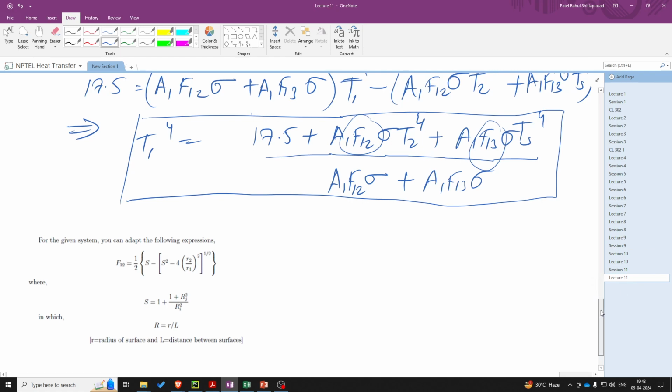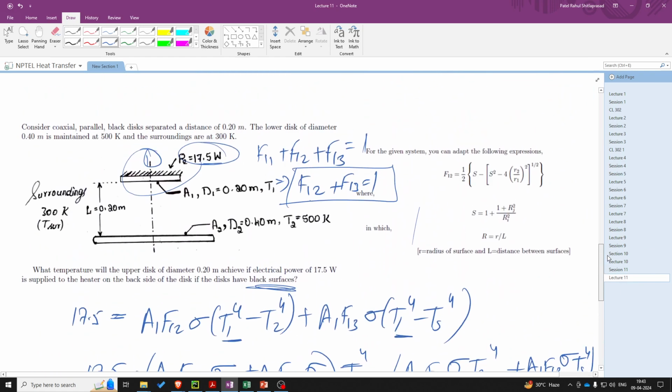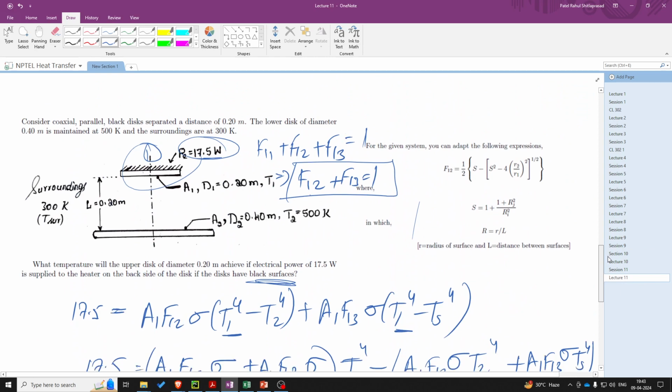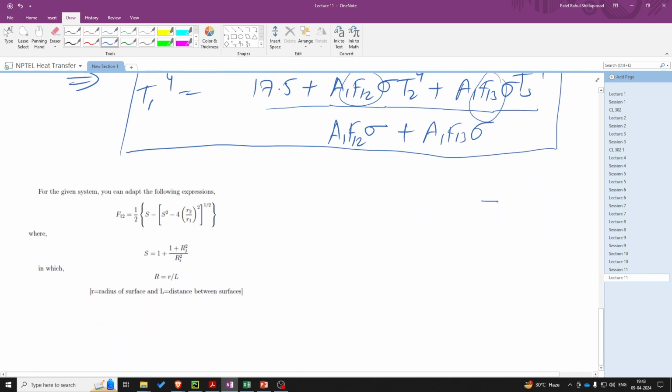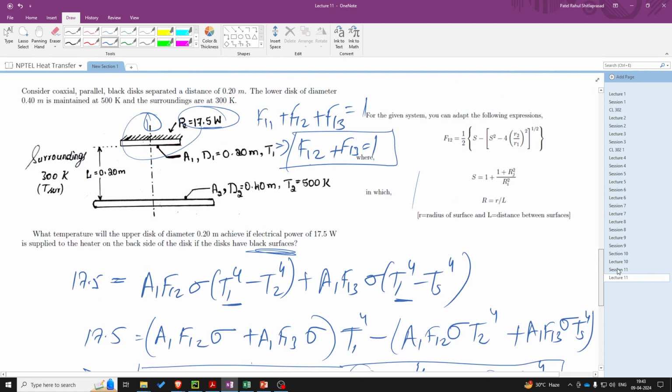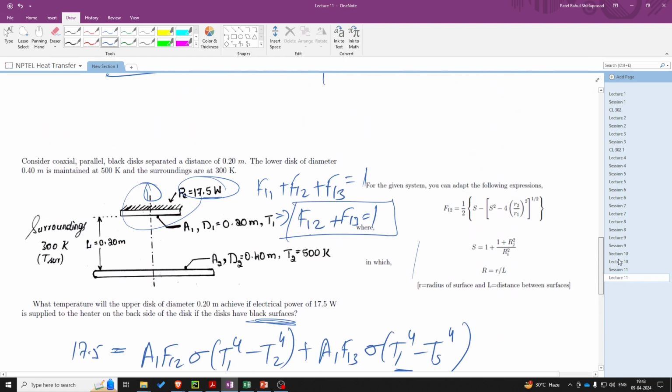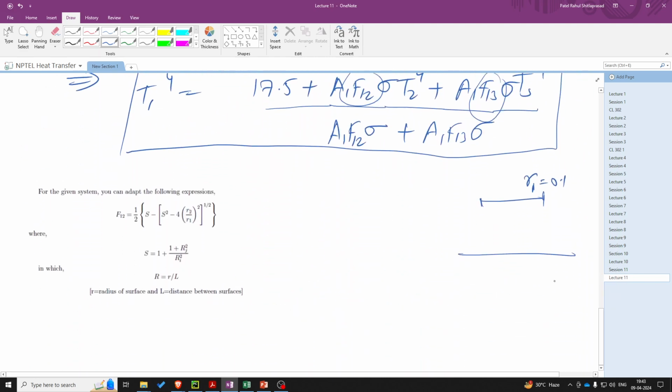So over here, surface 1 is the smaller one with a diameter of 0.2 meter, that is R1 will be 0.1 meter. R2 is 0.2 meter.